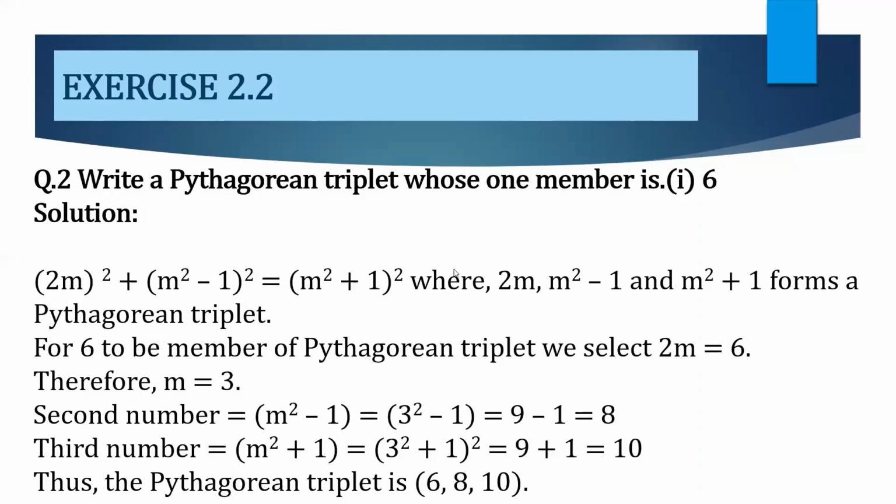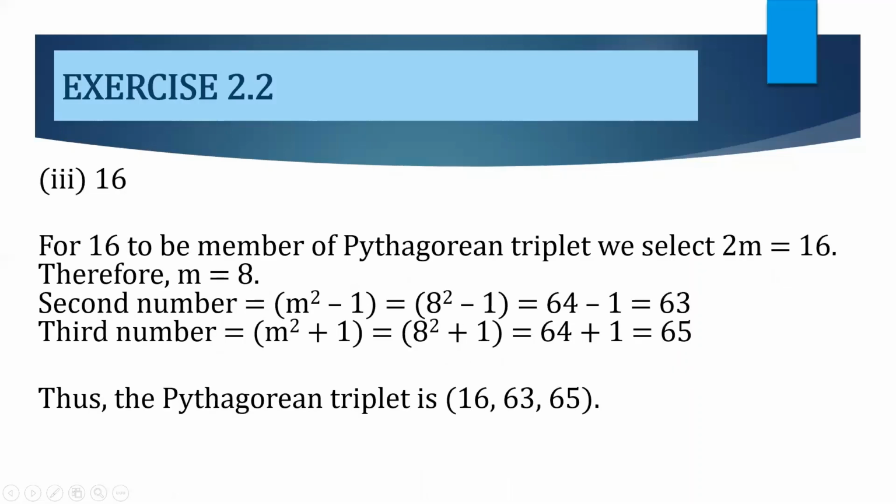So m square is equal to 3 square, because for 2m is equal to 6 we are getting m is equal to 3. So here it will be 3 square minus 1, that is 9 minus 1 is equal to 8, and the third number will be m square plus 1, that is 9 plus 1 is equal to 10. The Pythagorean triplet will be 6, 8 and 10.